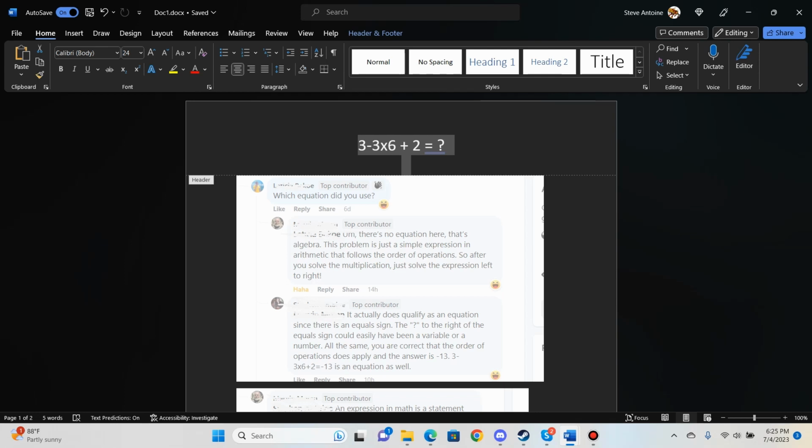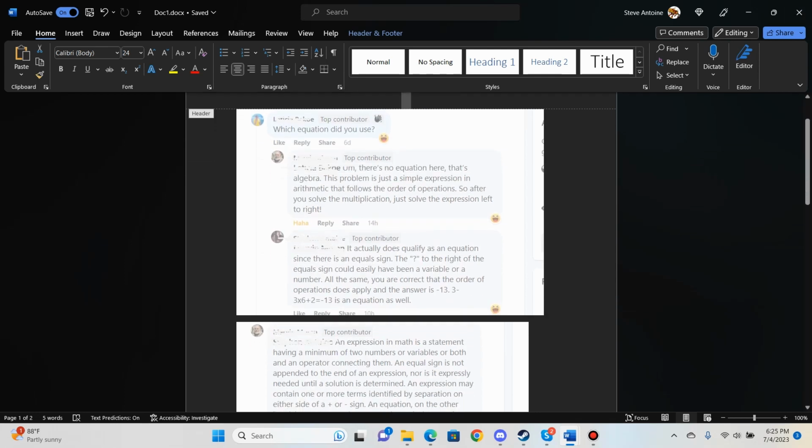Well, this individual is correct about the order of operations, but they're a little bit confused on the difference between an expression and an equation. But then I responded back and I just said, hey, it does qualify as an equation since there is an equal sign. The question mark to the right of the equal sign could easily have been a variable or a number.